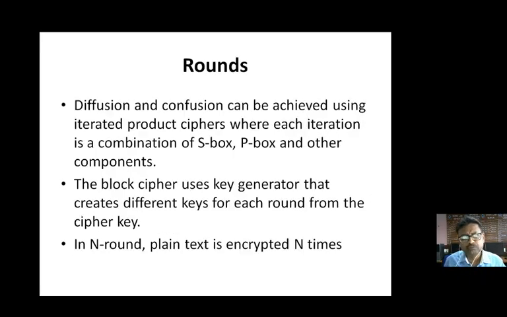Now, we have seen in the DES that we are using many rounds. Then what is the idea of using the rounds? Diffusion and confusion can be achieved by using an iterated product cipher, where in each iteration we are applying S-box, we are applying P-box, we are applying other components, we are swapping, we are XORing, and so on.